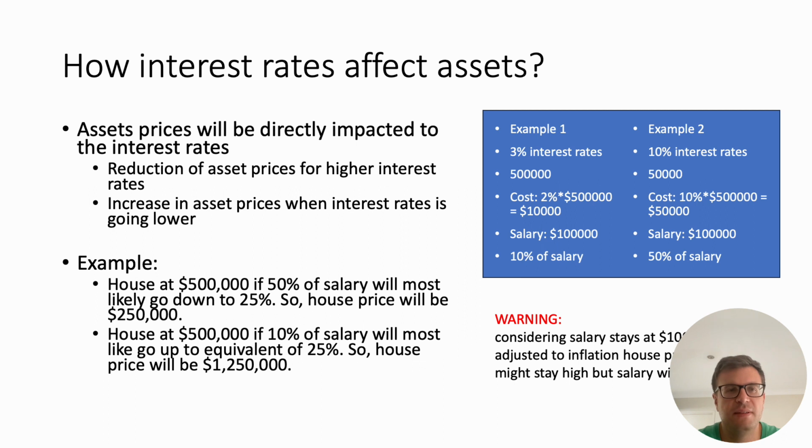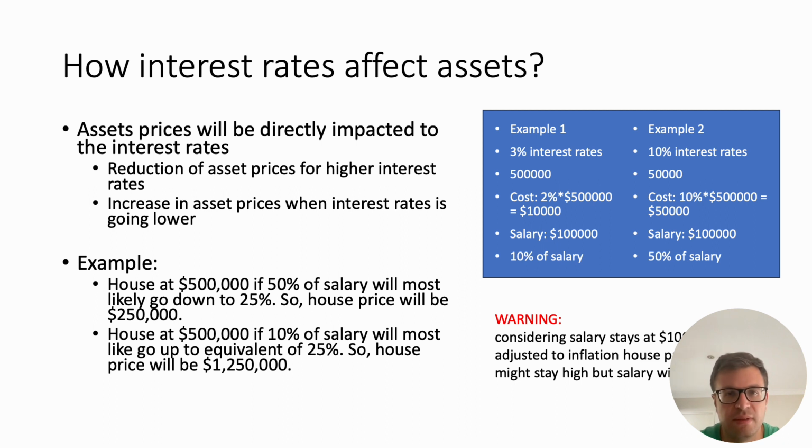So they will be directly impacted on assets. If the interest rate is high, the asset prices will automatically go lower, and if the interest rate is low, then the assets will cost more. For example, from the previous case, the house at 500,000 represents 50% of the salary.